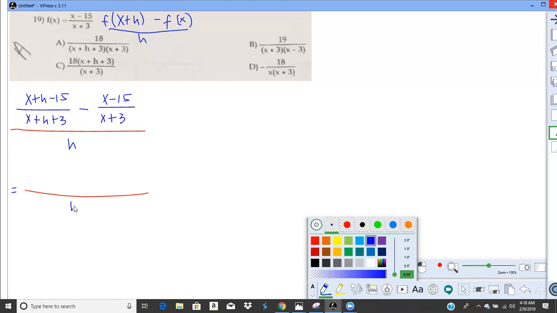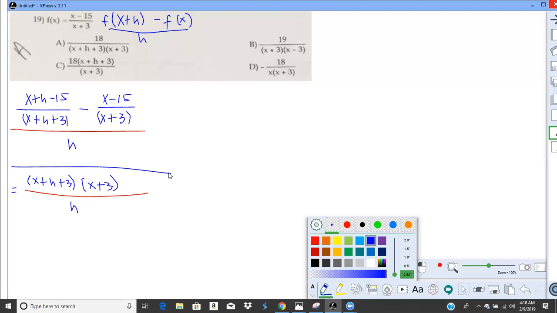Equals. I'm going to start with a division line, put h here. Remember, we will multiply them to get your common denominator. So x plus h plus 3 times x plus 3.